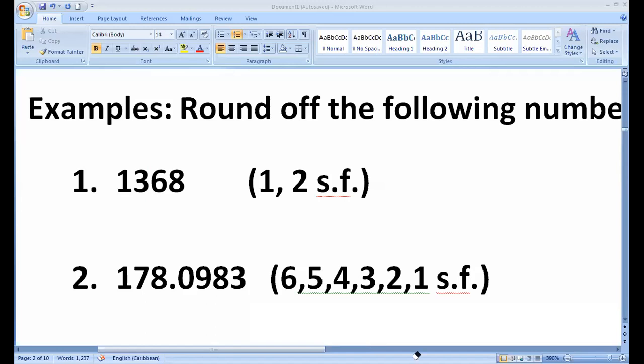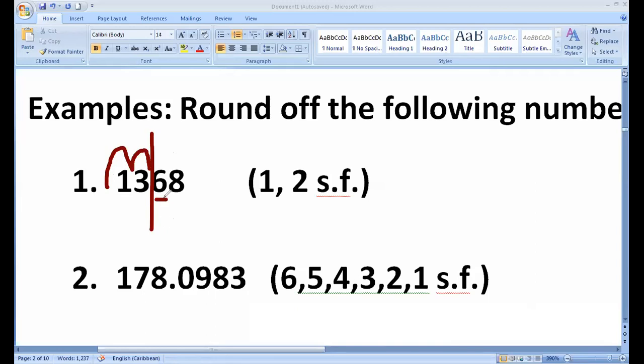All right, so let me just run through two significant figures. It says two significant figures, 0, 1, 2. So you draw an imaginary line, then you examine the number to the right.